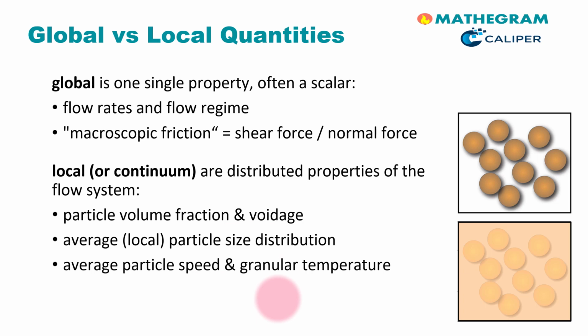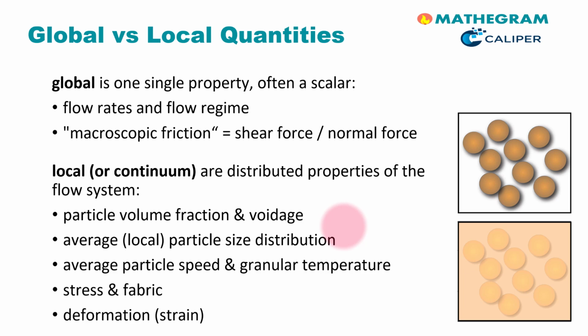The latter is an extremely important concept in continuum theories of granular flows. That is why we will discuss it in one of the following slides. Last, stress, fabric and deformation information is central to many continuum theories, and I will briefly show you how to calculate this important property of a granular flow.